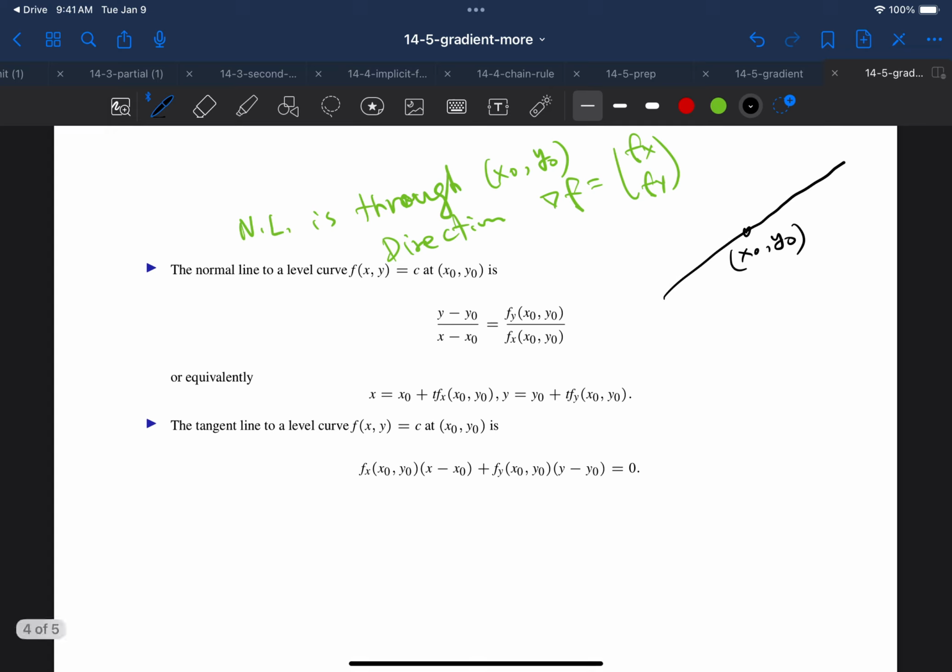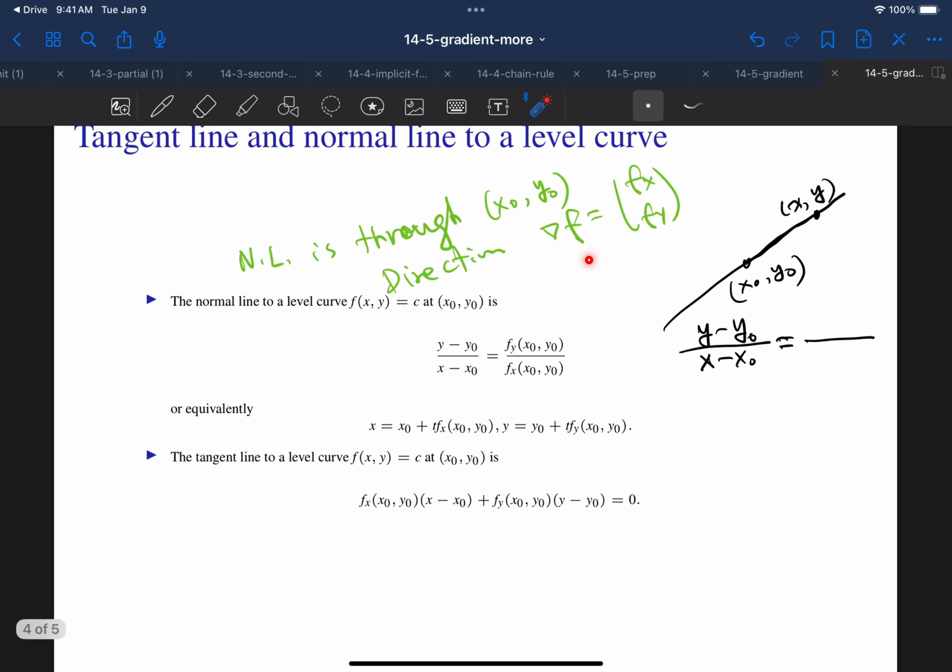Then for any point x, y on this line, the slope is the change in y divided by the change in x. So if you move along this direction, the slope is the change in y over the change in x. That gives this line formula.